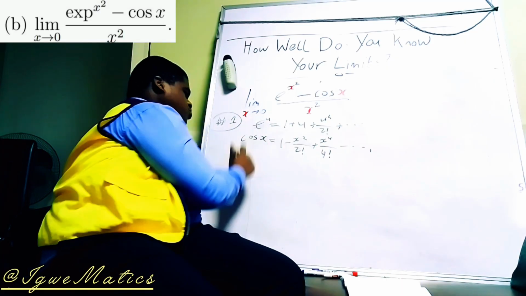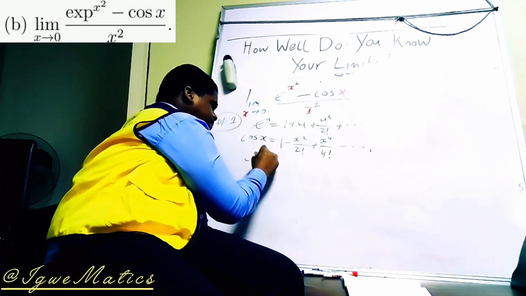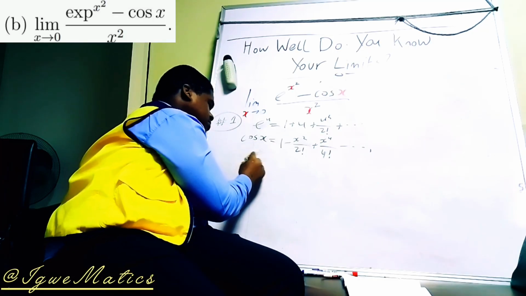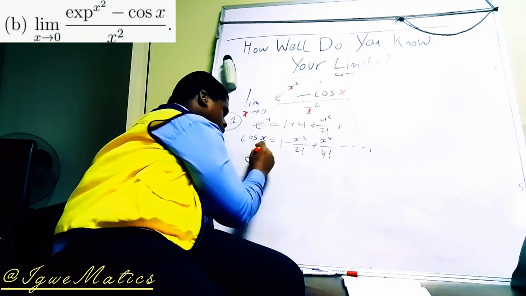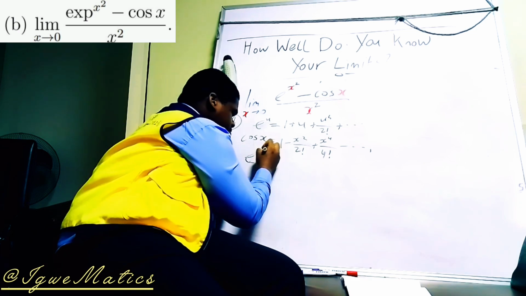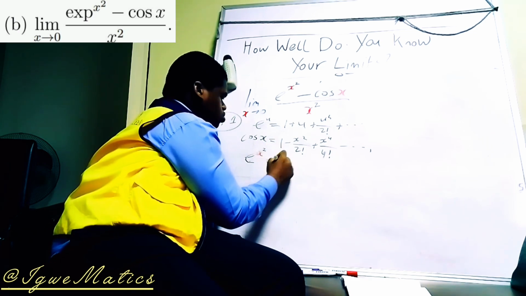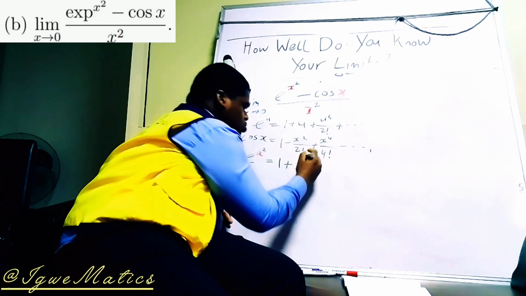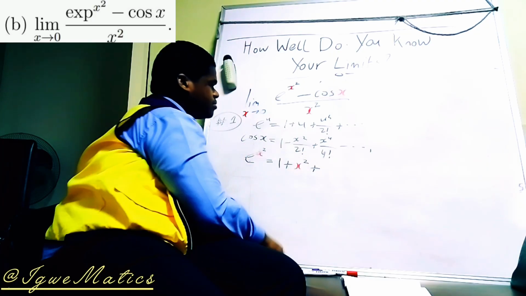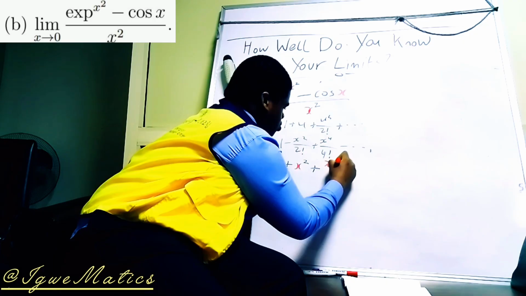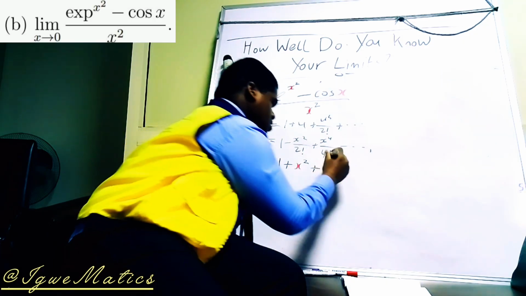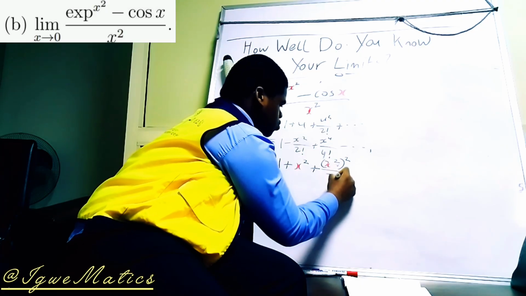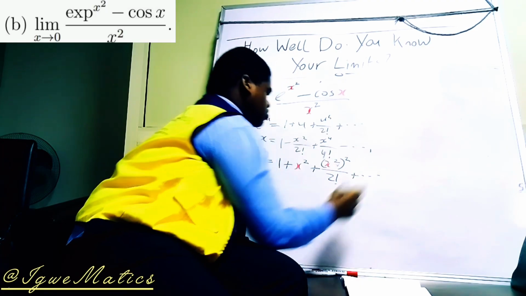If you substitute x squared for u, then e to the power of x squared will equal 1 plus x squared plus x squared to the power of 2 divided by 2 factorial plus dot dot dot.